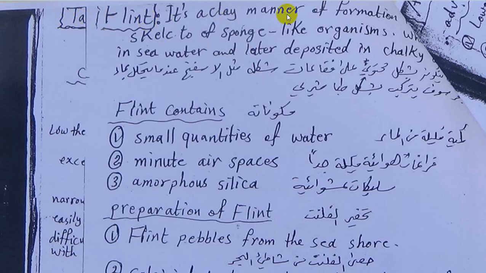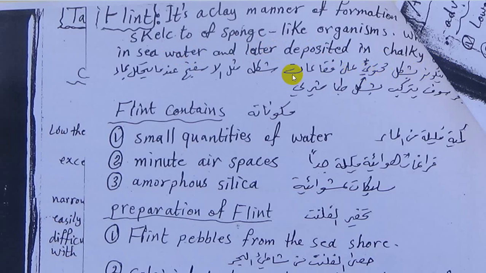Flint. It's a clay matter, a formation relative to sponge-like organisms. When it dissolves in the water, it later deposits in a chalky composition. يعني يتكون بشكل محتوى على فقاعات.